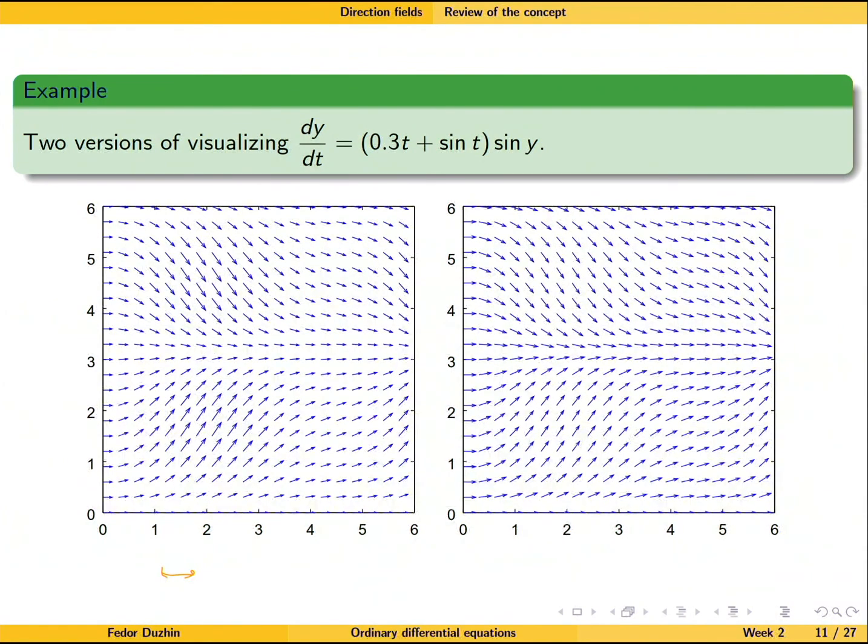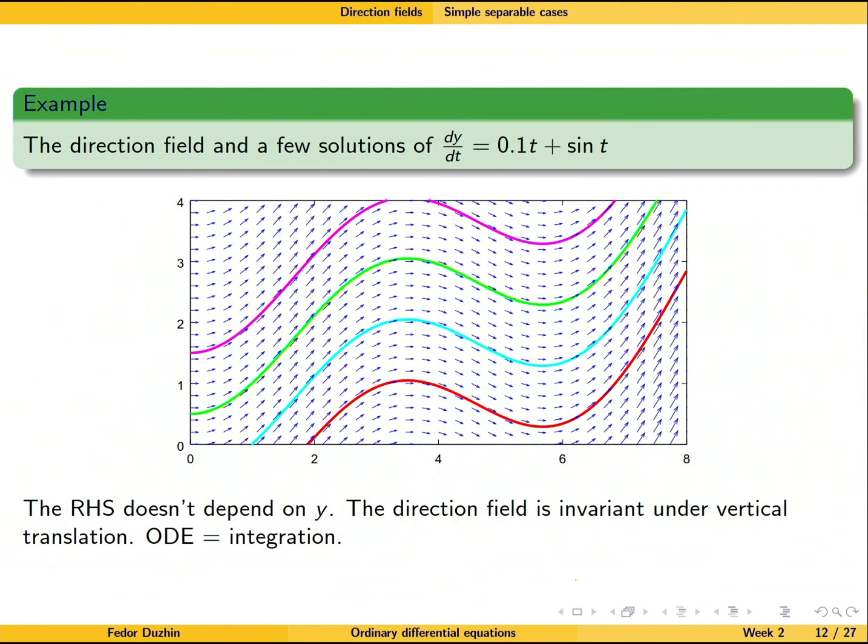And another way to do it is to draw all the arrows so that the length of all the arrows is the same. Sometimes the first one is more convenient, sometimes the second one is more convenient, or sometimes it doesn't matter. But it's good to know that there are different ways to do it. Okay?